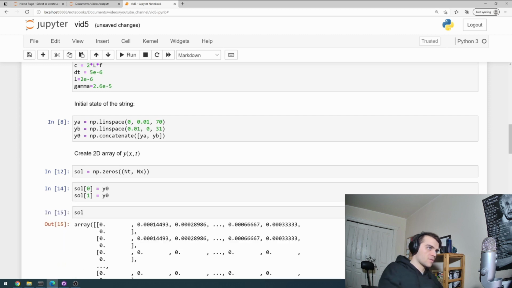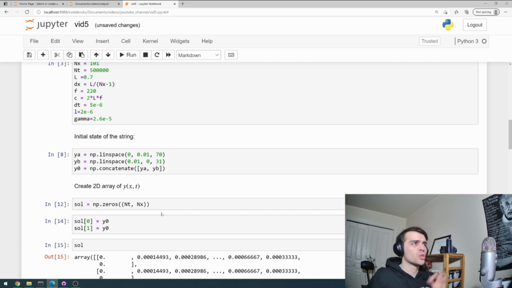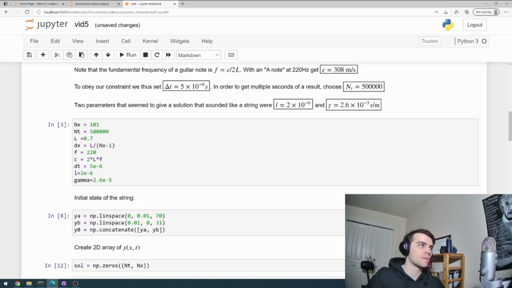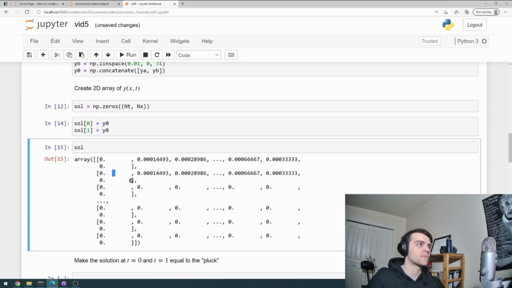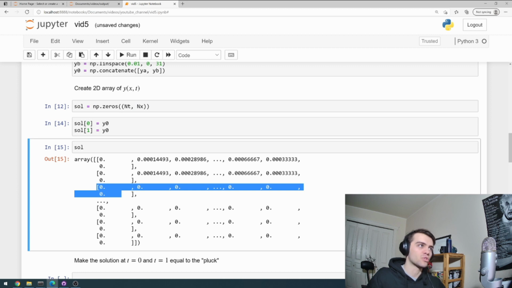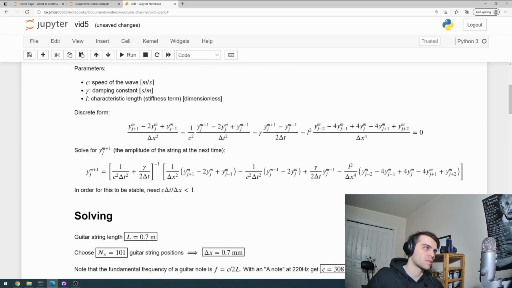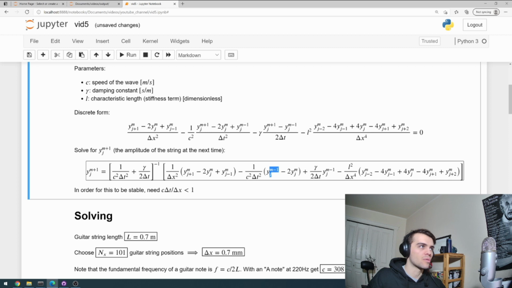So now if I look at solution, the first two rows are equal to Y naught. And you might think, why am I setting the first two? Well, you'll remember what I said before, that when I use this formula to update time m plus 1, each row corresponds to time. When I'm solving for this row here, which is m equals 2, I need m equals 1 and also m equals 0, right?